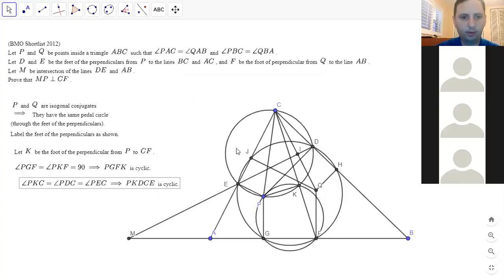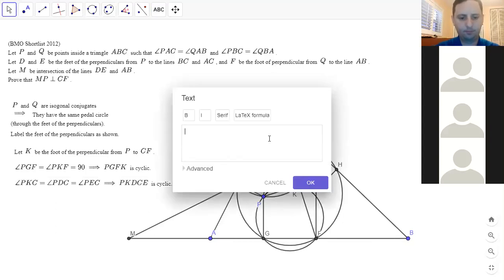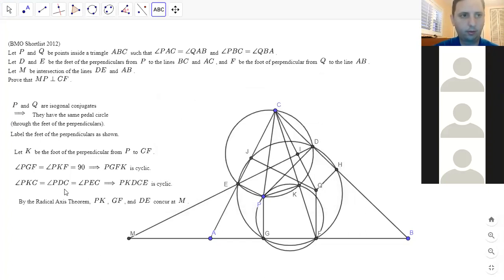PKC, PDC, PEC. And then by the radical axis theorem, DE, GF, and PK concur. I'll say concur at M. And so then it follows that MK is perpendicular to CF.